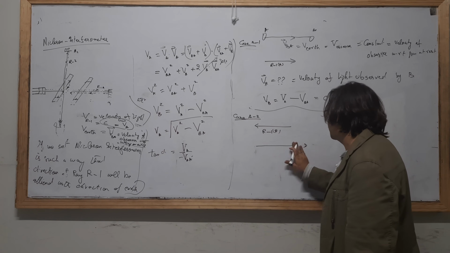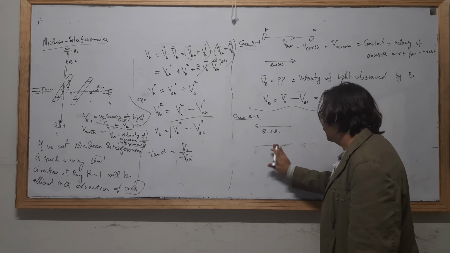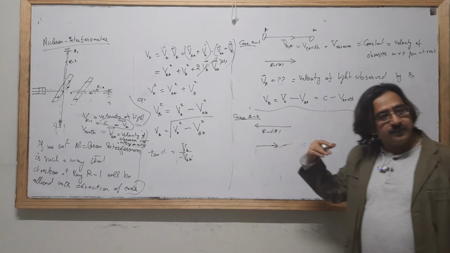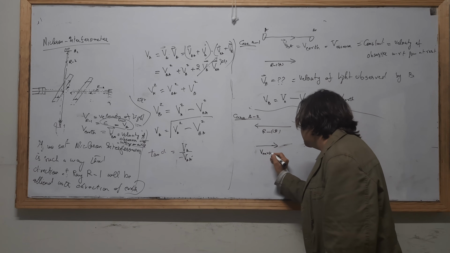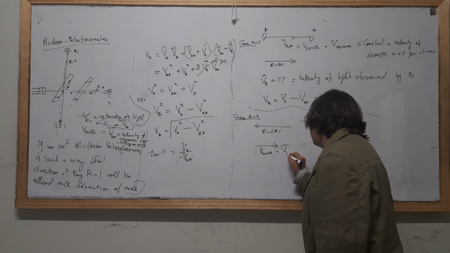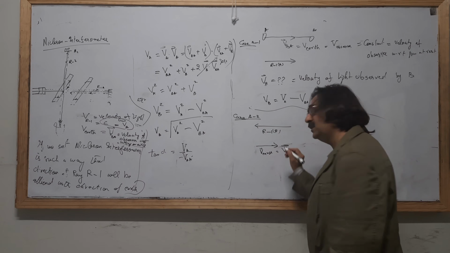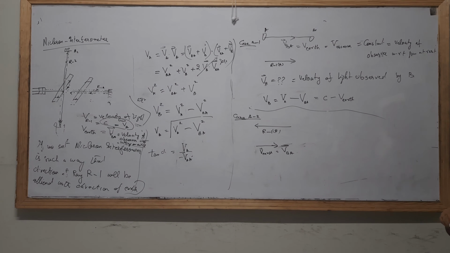Earth is moving in the same way. This is Earth, that is VBA, the velocity of Earth with respect to rest.